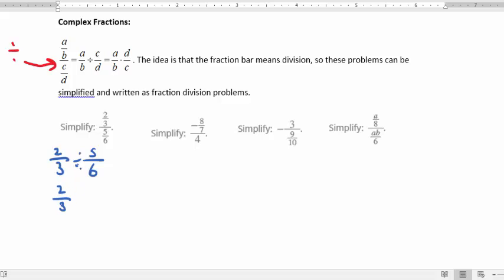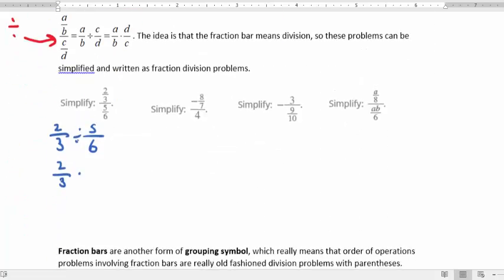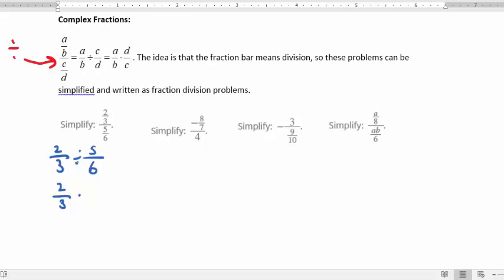And then you would just do your keep change flip process. Keep, change this to multiplication, and then flip the 5/6 to 6/5.